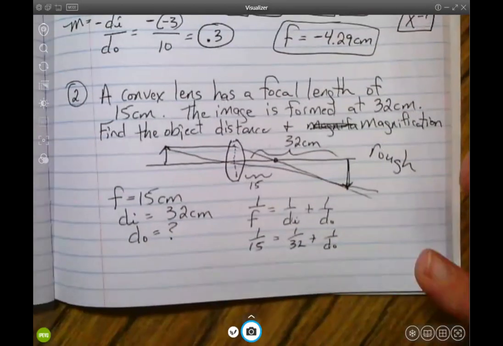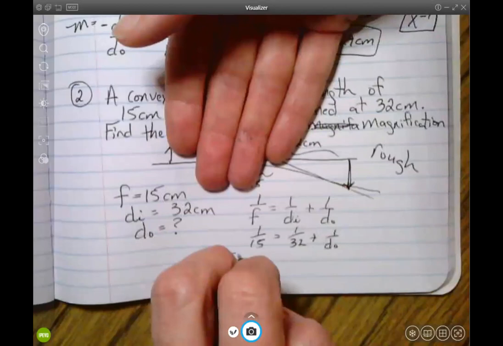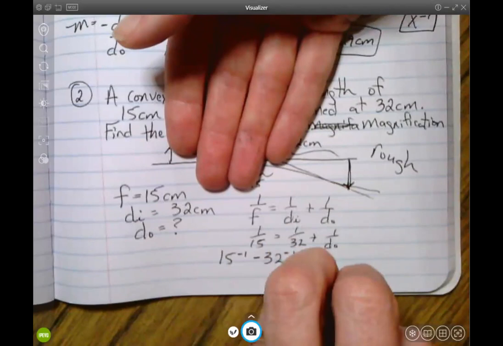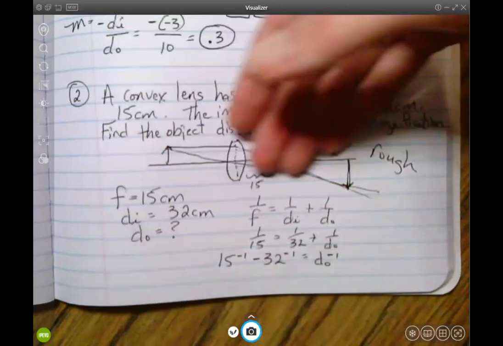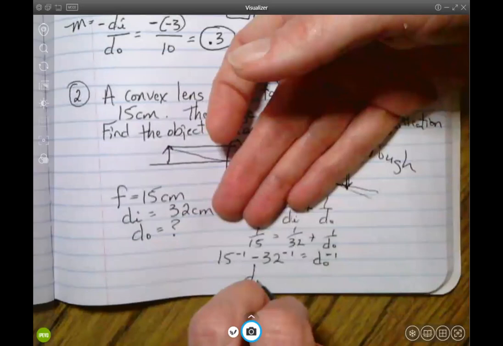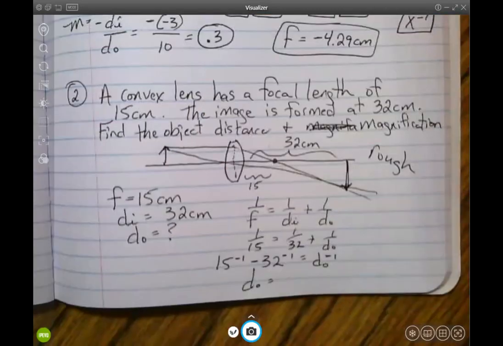So it's basically 15 to the negative 1 minus 32 to the negative 1 equals DO to the negative 1. So what are we getting for the object distance? Yeah, 28.2.